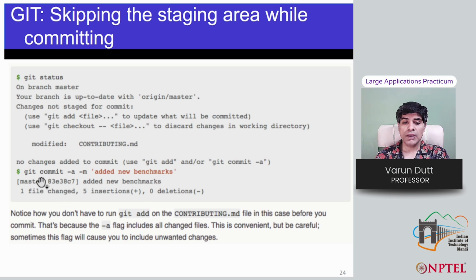This is a shortcut for both staging the file and committing the file. In this case, we don't need to write git add on the contributing.md file before the commit, because the -a flag includes all the changes in the file. This is convenient, but the flag can cause you to include unwanted changes as well. So we should be careful running the two together, but you can do that.